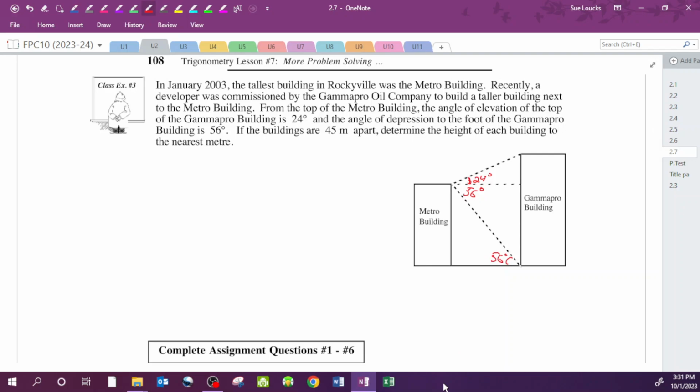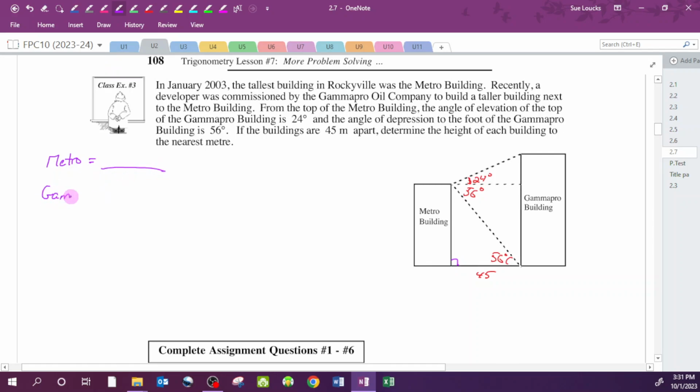That might be handy. If the buildings are 45 meters apart, so we've got 45 meters, determine the height of each building to the nearest meter. So we need the height of the Metro. I've got a triangle with a 90-degree angle, so I'm going to be able to find that one directly. I'm just going to leave a space for that one.